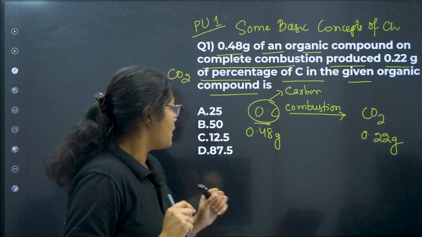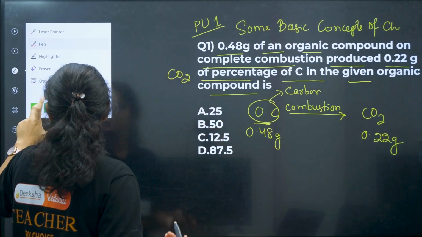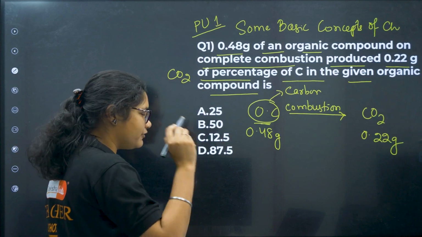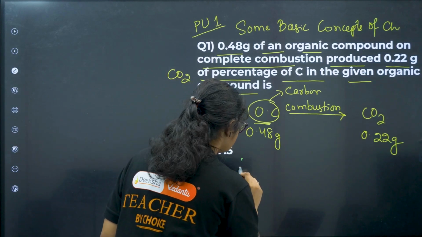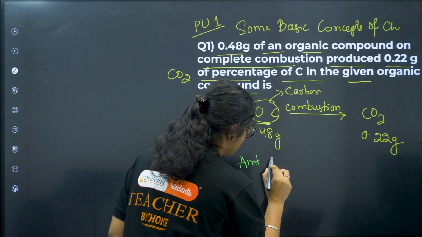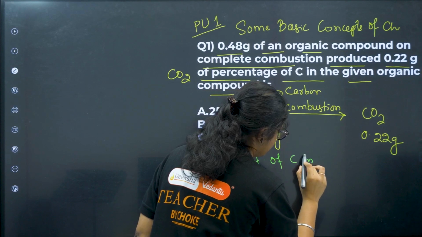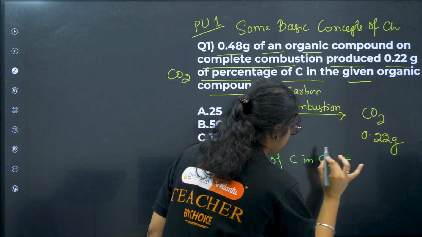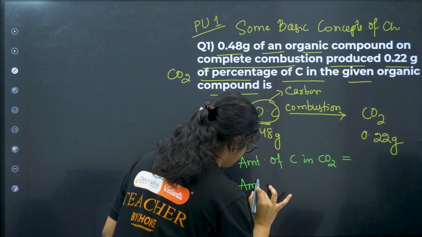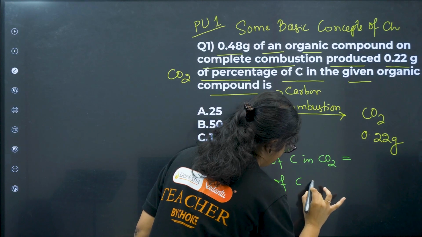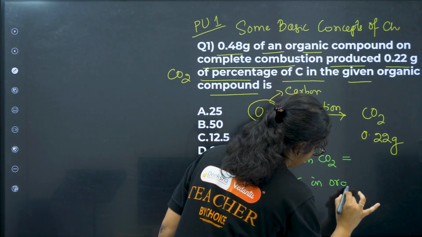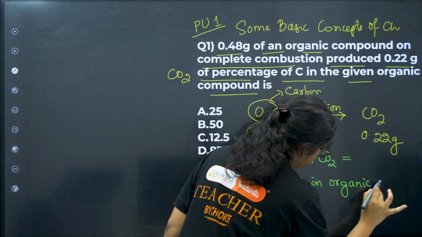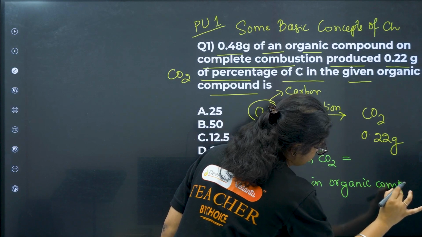So now how to approach this question? Here you need to know a very basic thing, that is the amount of carbon in carbon dioxide is equal to the amount of carbon in the organic compound. Why am I saying this?